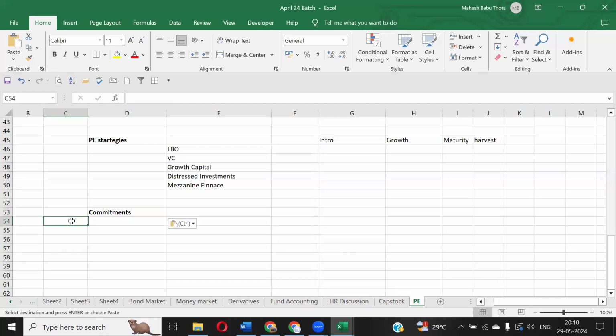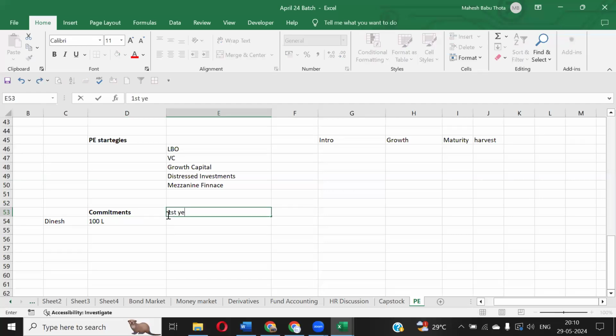Suppose, let's assume we have Dinesh. He agreed for 100 lakhs as his commitment.